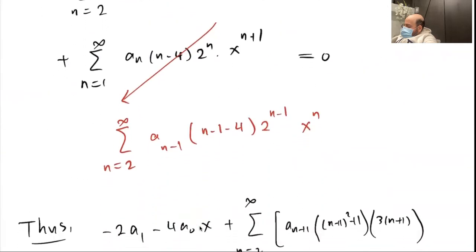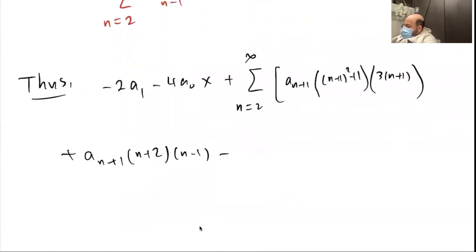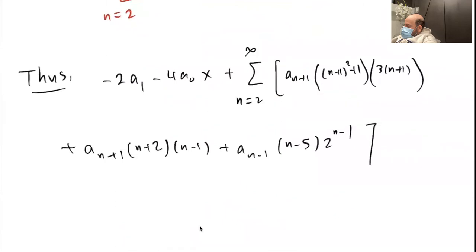For the third sum, I have a n minus 1, n minus 5, 2 to the power n minus 1, x to the power n equals 0.